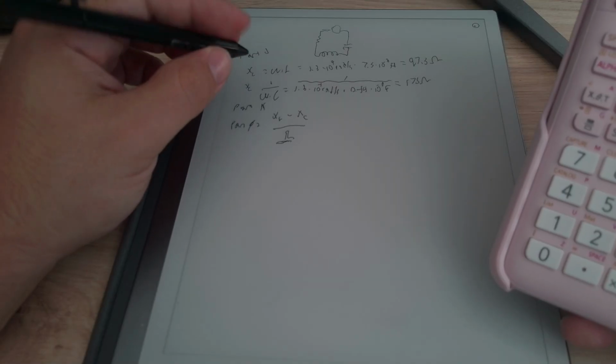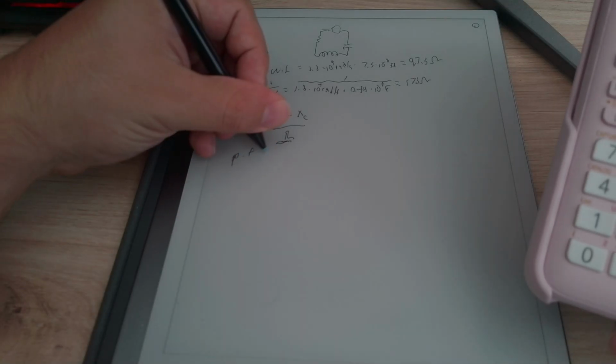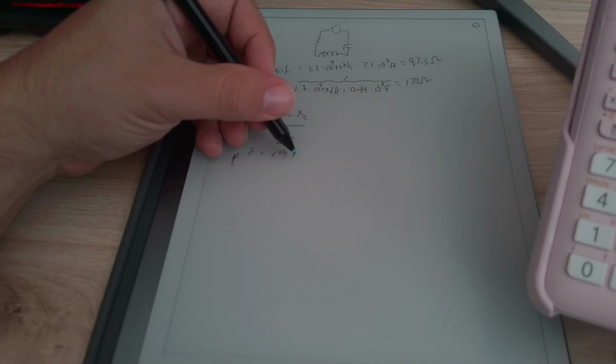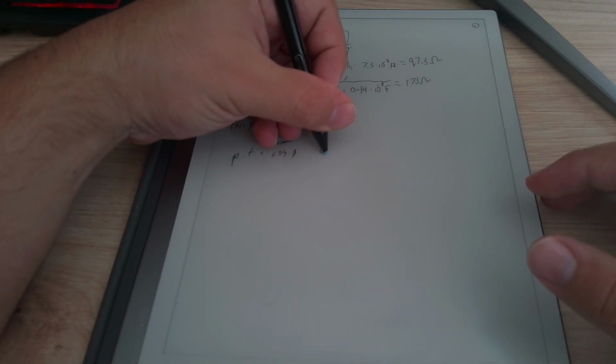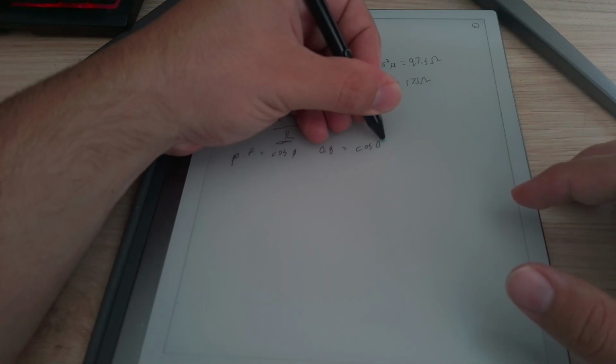But we are given what the power factor is, and if we remember that power factor is equal to the cosine of the phase angle, then we know that 0.8, which is our power factor, is equal to cosine phi.